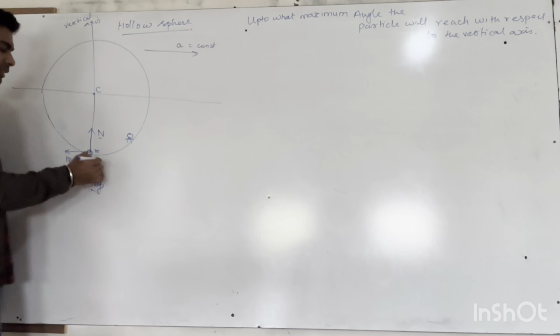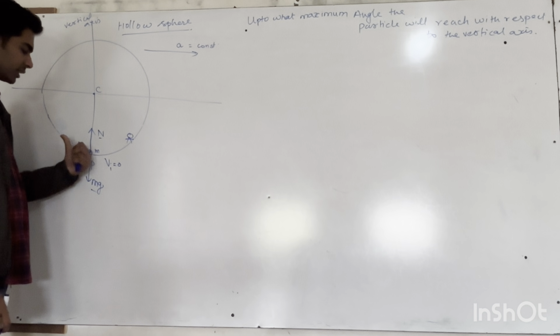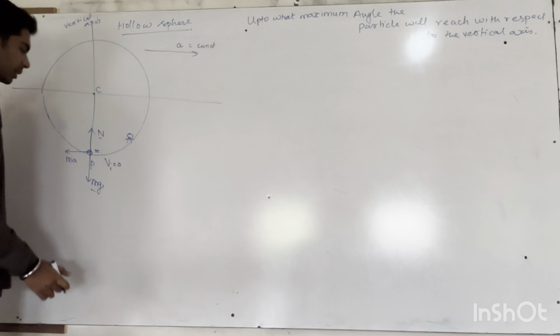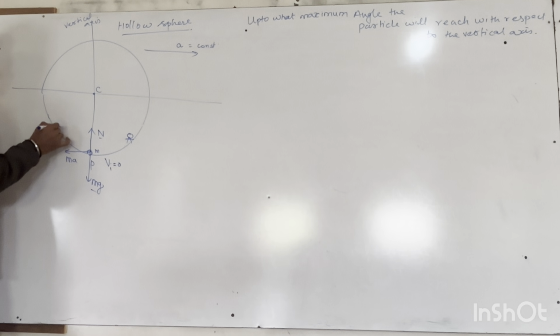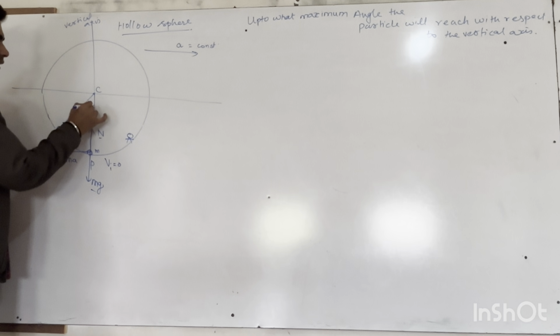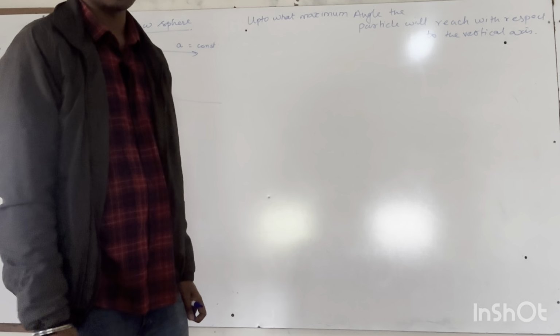Okay, so initially the velocity of the particle is 0, but its net force is in backward direction, so it will accelerate in backward direction. Let's say it has reached somewhere here at an angle theta. We are here to discuss why there should be a maximum angle theta.